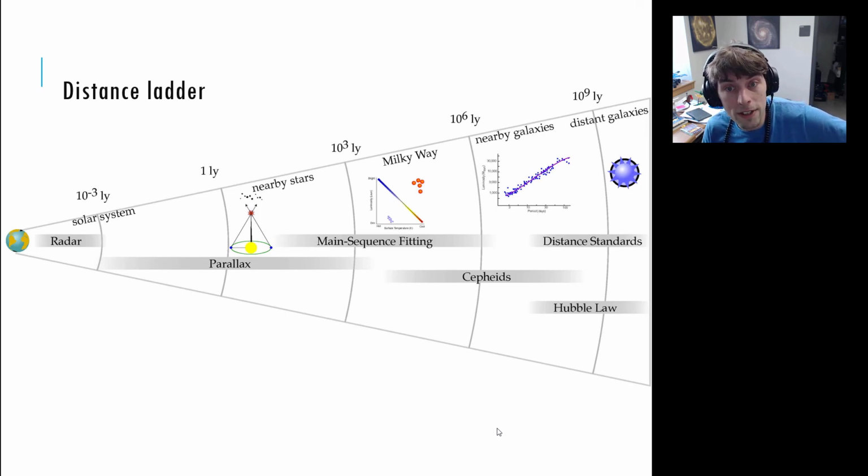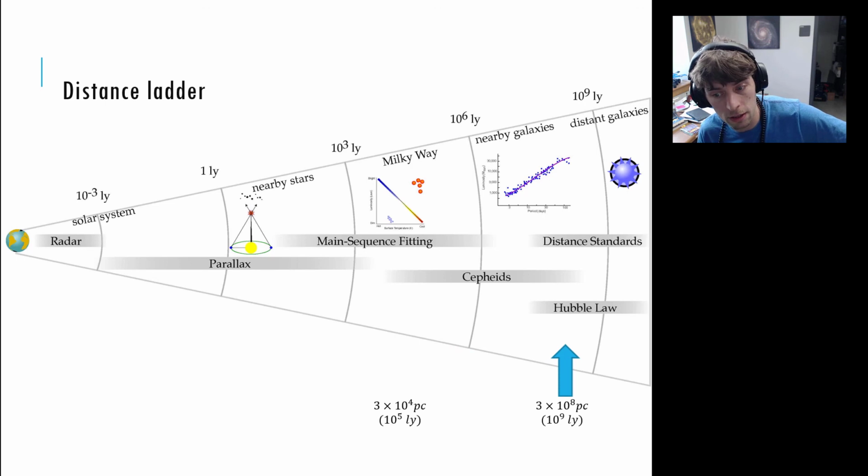It turns out that this allows us to start reading distances up to about 1,000,000,000 with a B, 10 to the ninth, light years. That is far enough away from the Earth that we can start measuring distances to nearby galaxies.